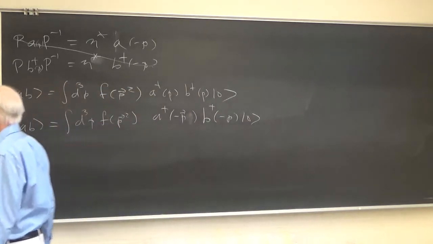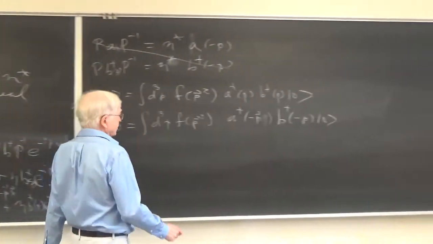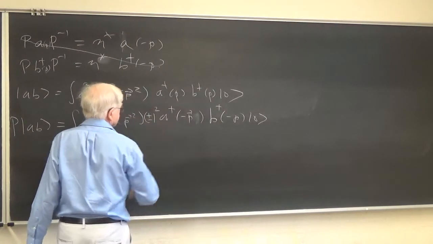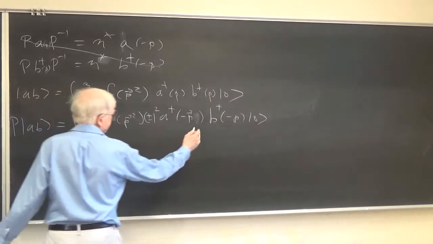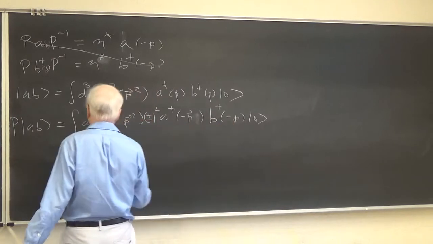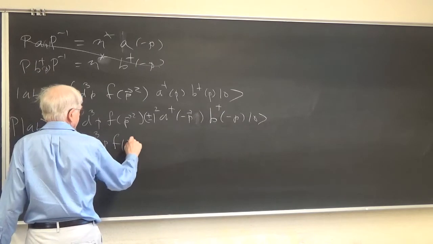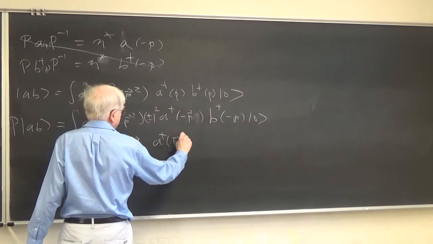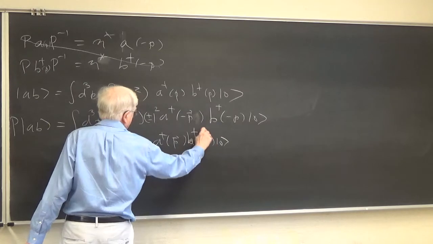And all right, so in my book, eta is plus or minus 1, but that would be plus or minus 1 squared, and so it's equal to plus 1, and then you can flip the spatial part of the momentum, and so you get back to just dqp f of P vector squared, A dagger P, B dagger P on the vacuum.